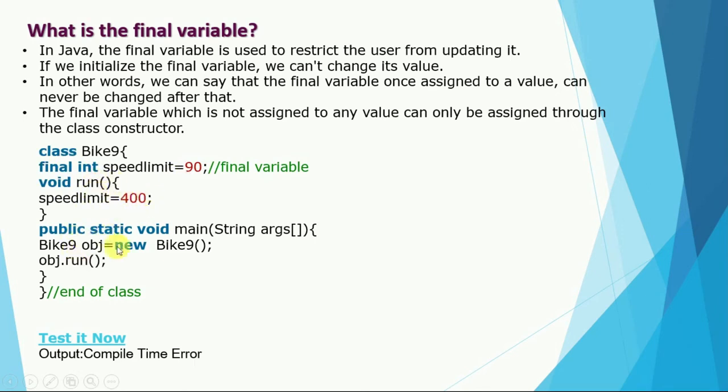Whenever we create an object, call the Bike9 default constructor, and call this run method, it will throw an error because we declared this variable as final and in this method we are trying to modify its value. We can't change the value of a final variable, which is why it will throw a compile time error.